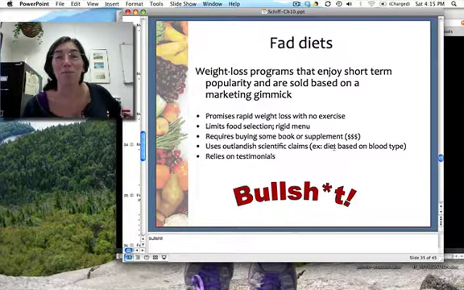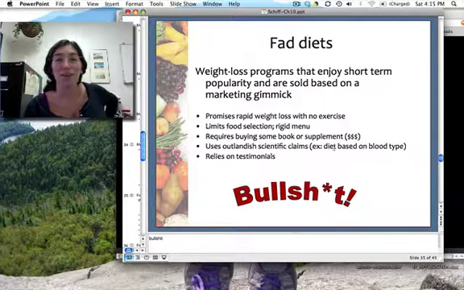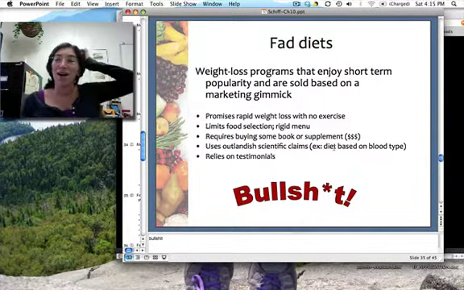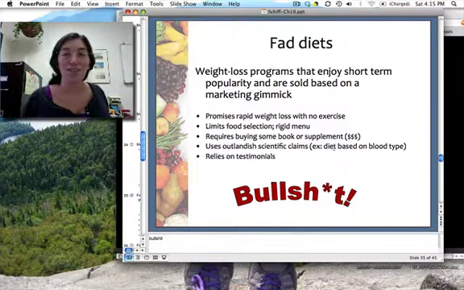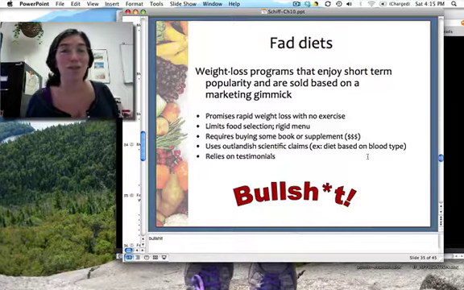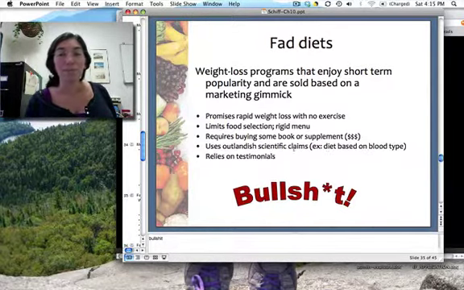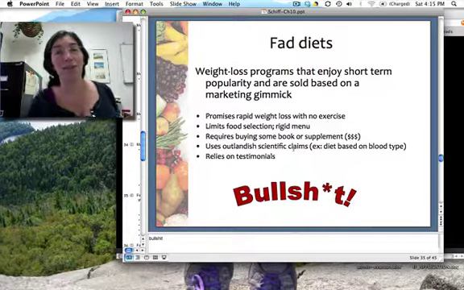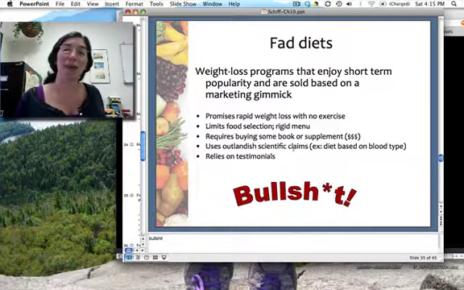This person who has an MD after his name has written a diet claiming that different diets help people with different blood types lose weight. And it's total BS, total BS. But it sounds scientific, it sounds real, and so people think, oh, this is science-based and legitimate, but it's not.